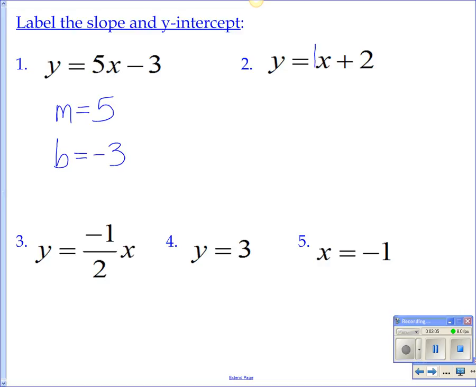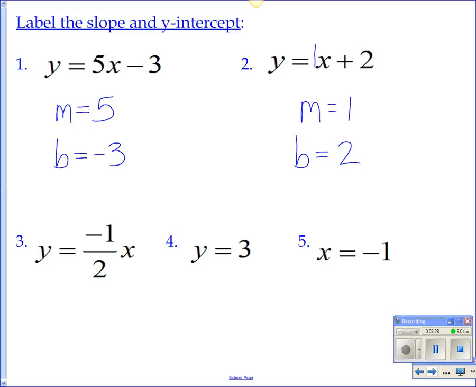If it doesn't have a number, we put a 1. So M equals 1. And what does M stand for? Slope. So the slope is 1. B, what does B stand for? Y-intercept. That is 2.